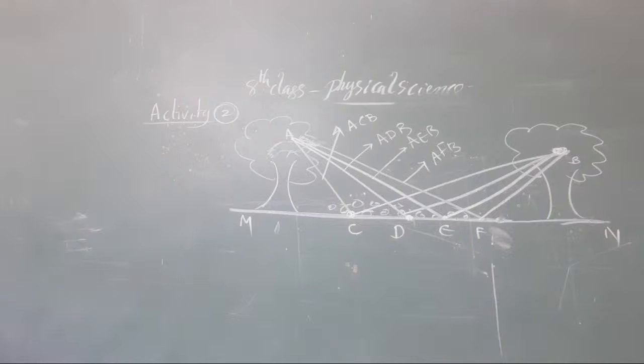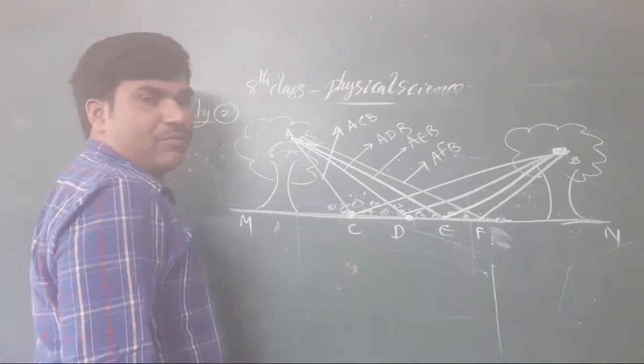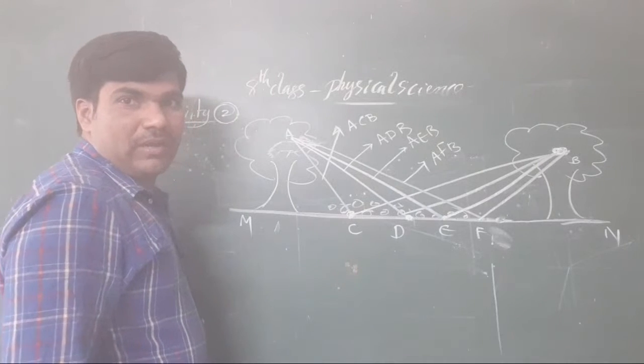Now compare all the lengths of these paths. For this purpose we take the image of everything. The image of every path you have to take. What image will we get for these paths?